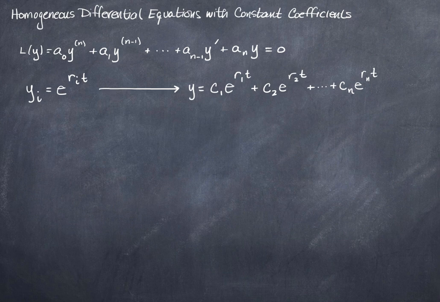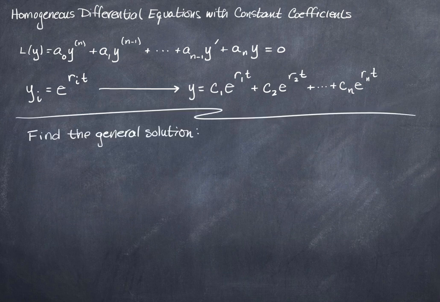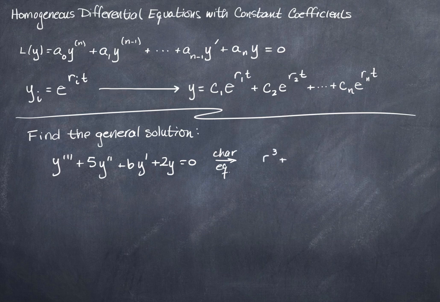So let's take a look now at an example. If we take the equation y triple prime plus 5y double prime plus 6y prime plus 2y equals 0, we can write the characteristic equation for this as r cubed plus 5r squared plus 6r plus 2 equals 0.